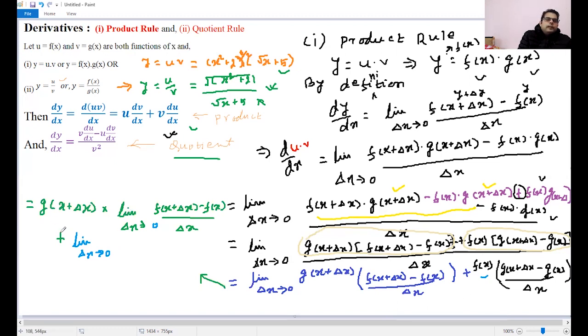We just keep f(x) outside. Because it doesn't require the limit, the limit goes to g(x + Δx) minus g(x) over Δx.